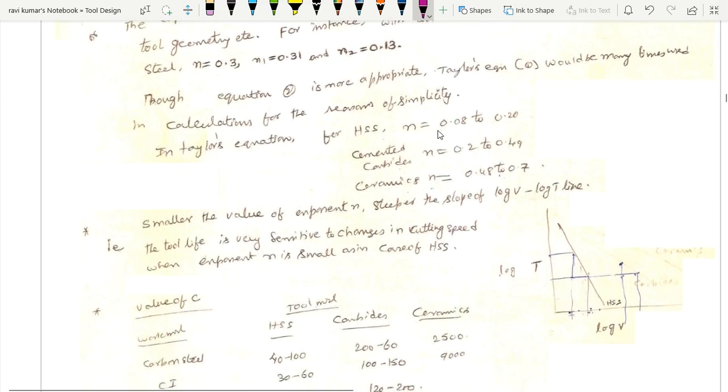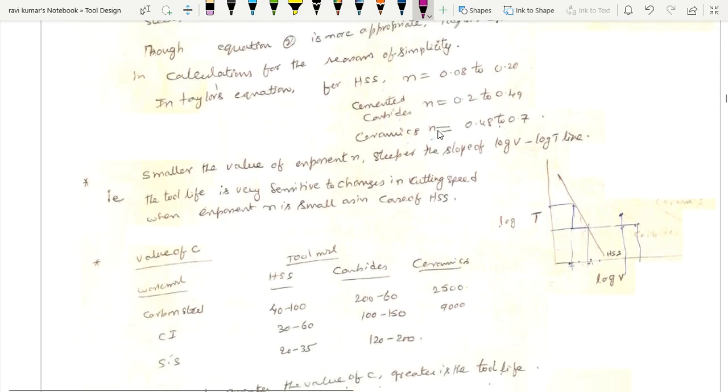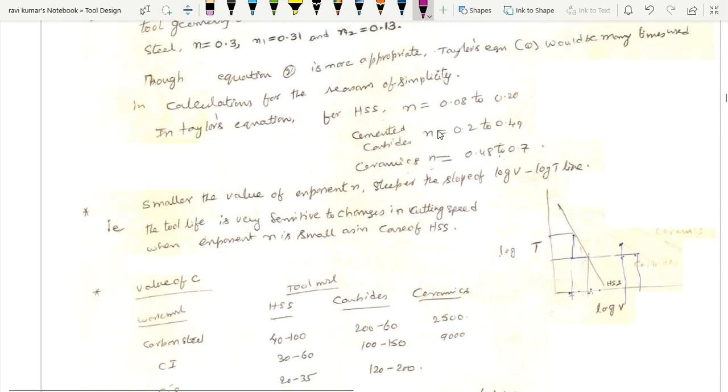If we look at these exponents and constant values, one may understand that the higher the value of the exponent, the less sensitive the tool is with respect to changes in cutting speed. That means if n is a higher value, as in case of ceramics, though there is an increase in cutting speed, there are not going to be great changes in tool life.